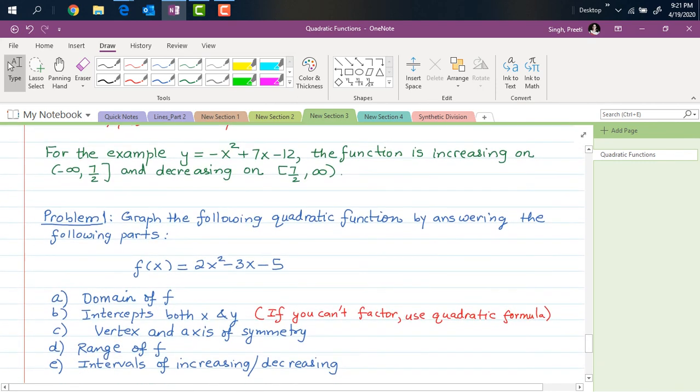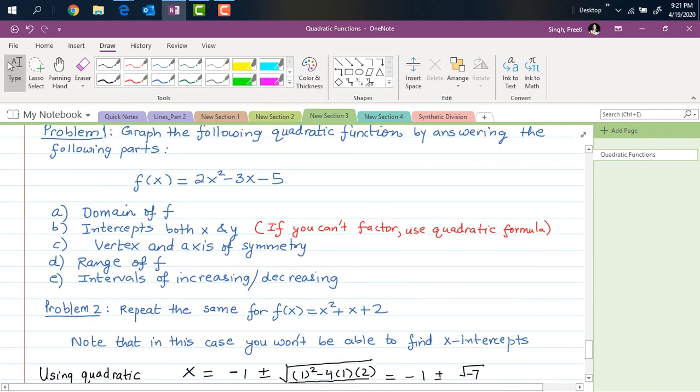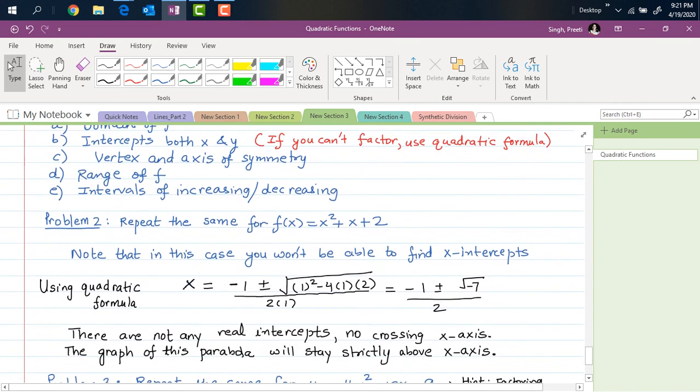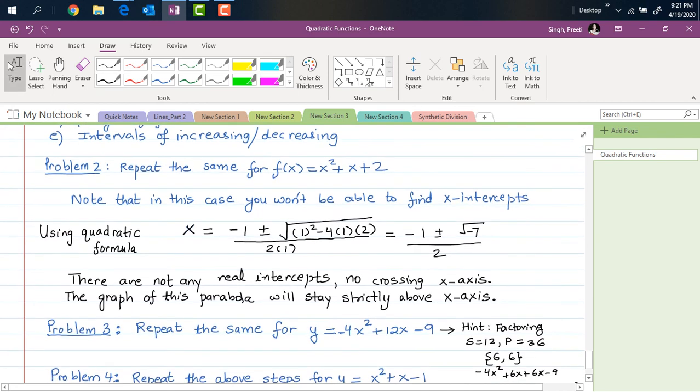I would want you to try this problem and discuss it in the discussions. Do all of these. Repeat it for x squared plus x plus 2. The only thing is, in the example x squared plus x plus 2, I cannot factor it when finding the intercepts, because for the intercepts you have to set it equal to 0. If I use the quadratic formula, I find non-real intercepts.